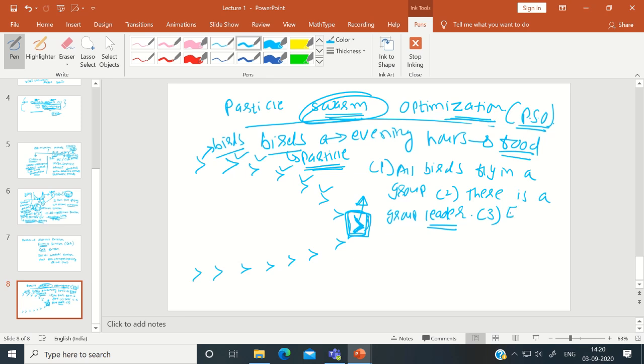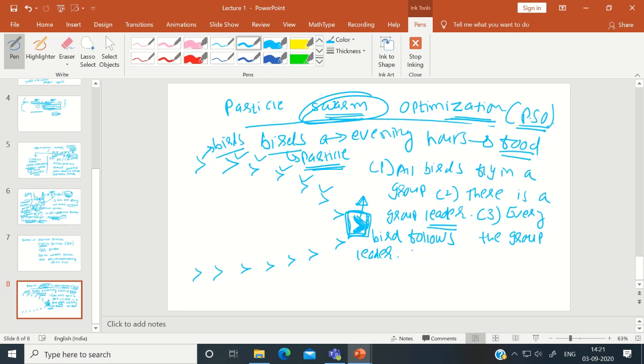So our conclusion is every bird follows the group leader. Why does every bird follow the group leader? Because this leader is very near to the food source. We are assuming this fact, right? Okay.